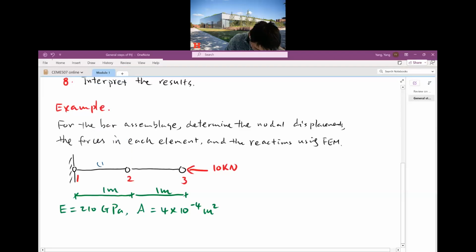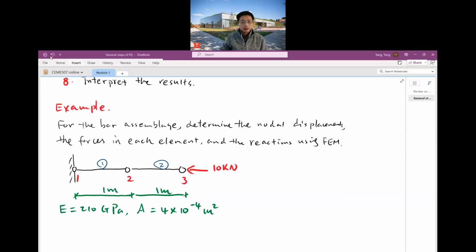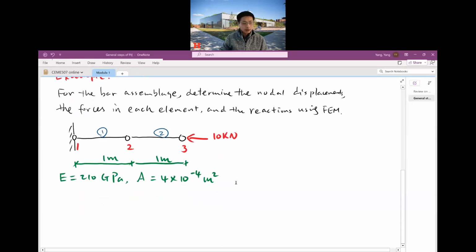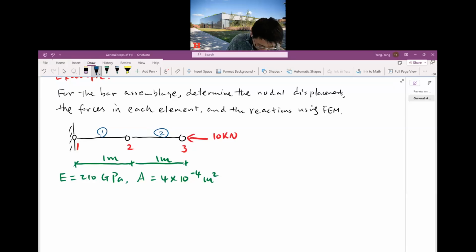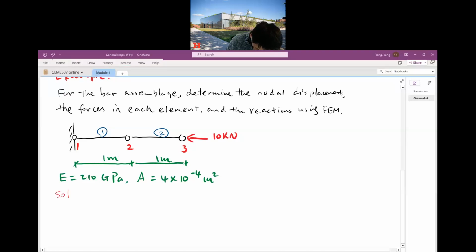But here we will not use the method we learned from statics or mechanics of materials, where we use a different procedure as shown above. Using the finite element method, now let me show you how we can use this procedure to solve this problem.